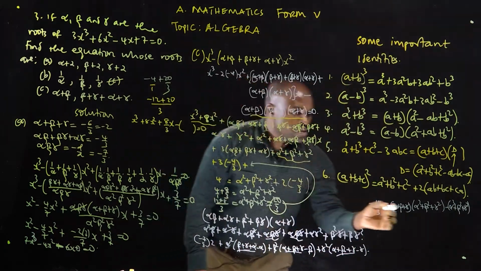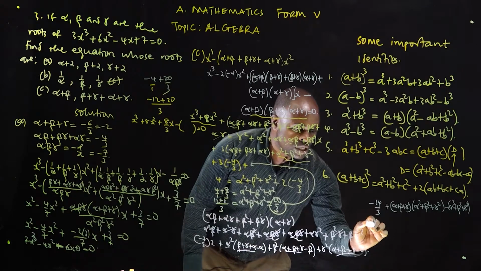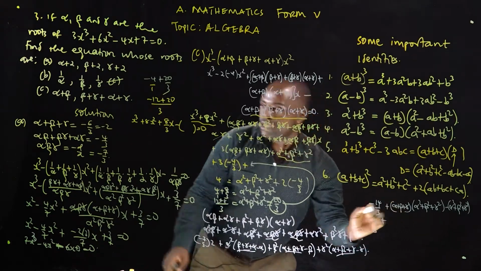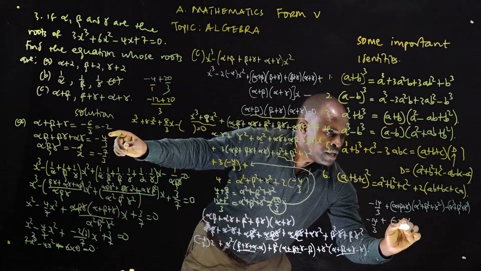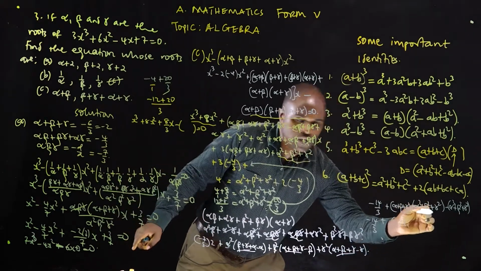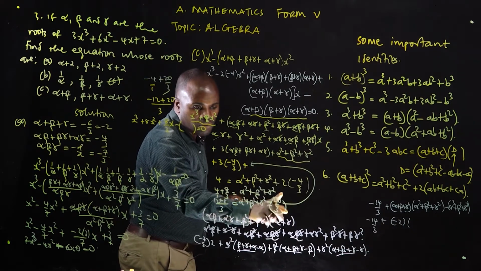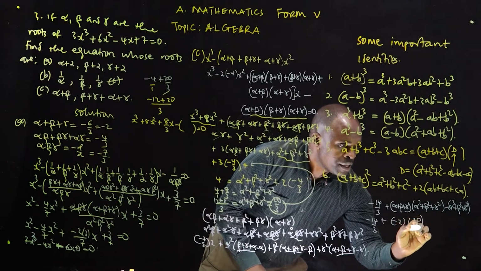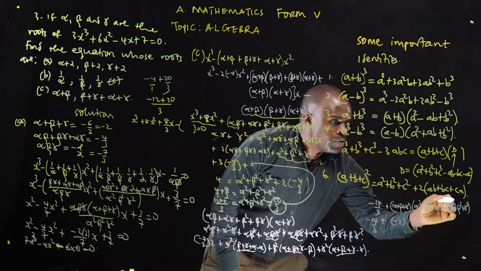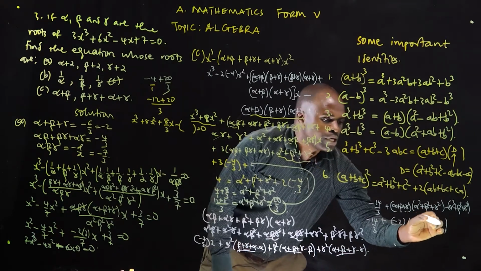But here we are in the end part. We take this negative 14 over 3 plus the sum of roots, negative 2, times alpha square, beta square, gamma square, which we got as 20 over 3, minus alpha cube, beta cube, and gamma cube. This is the result which we need to get.